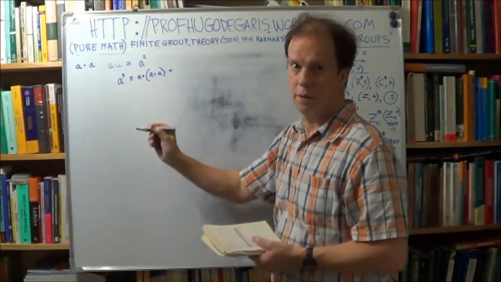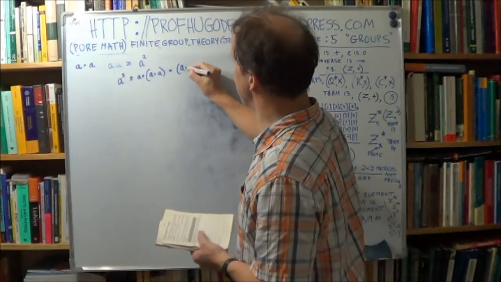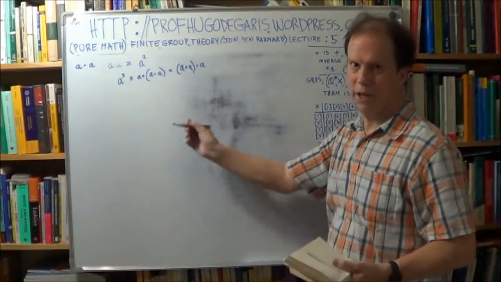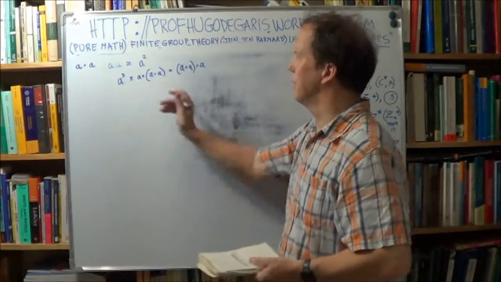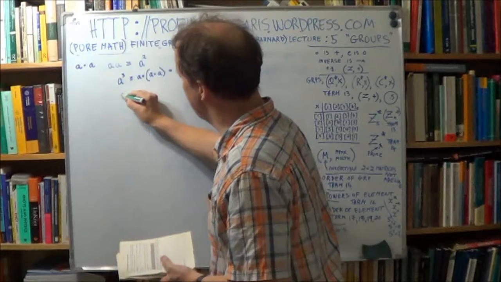Now it's a group, so it's associative. So this is the same as this. In fact, you don't care about the brackets because groups are associative. You can get rid of the brackets, so we'll just talk about A cubed.